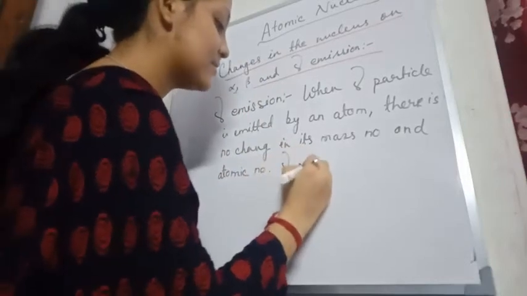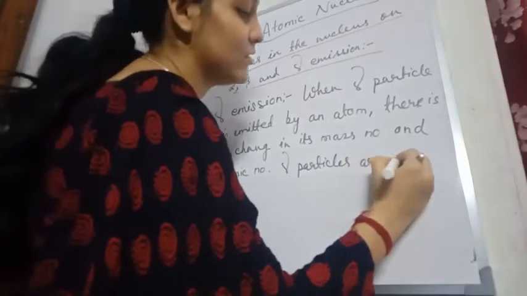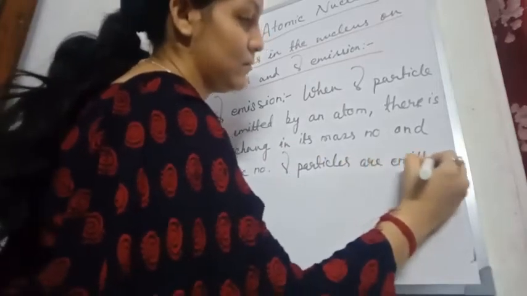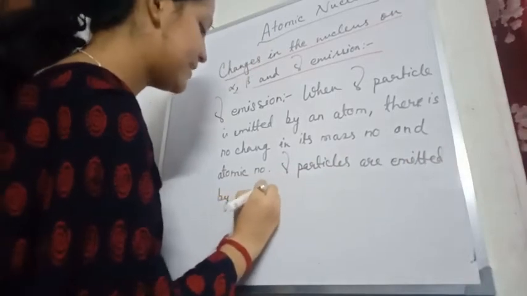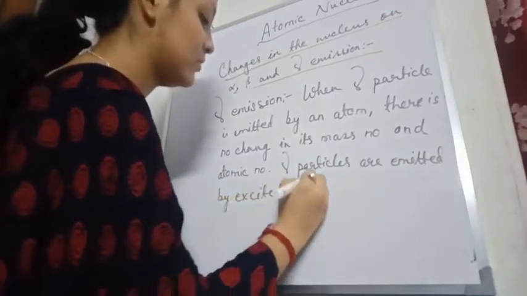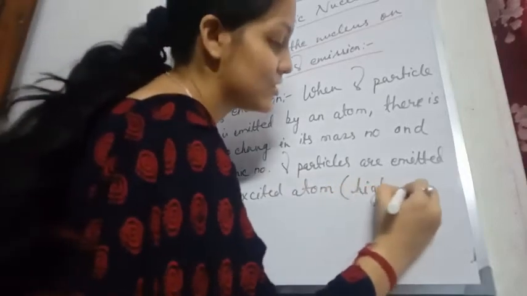Gamma particles are emitted by an excited atom. Excited atom means what? High energy state.